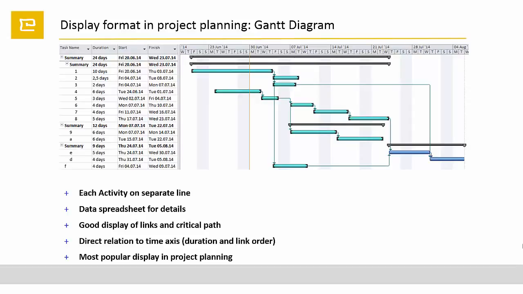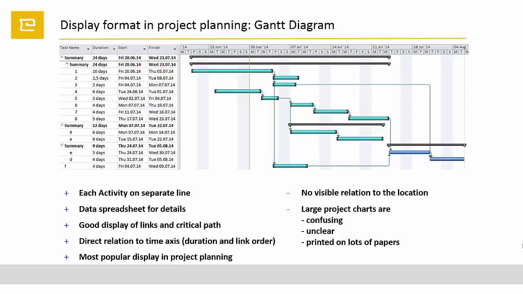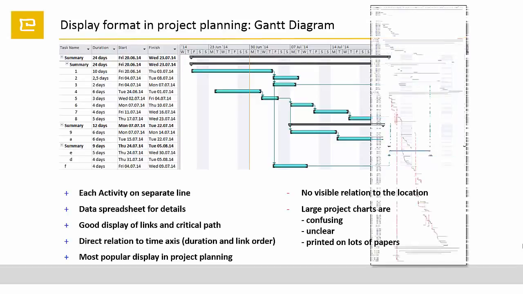But, especially for construction projects, there are some limitations that complicate the readability and understandability of a Gantt diagram. There is no visible relation to the location or building to be constructed. Especially large project charts therefore are confusing, unclear, or must be printed on lots of papers.